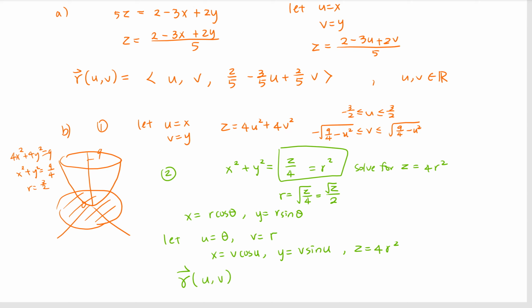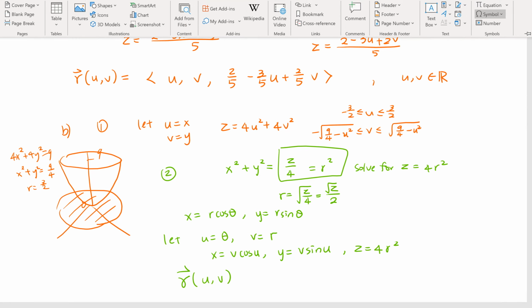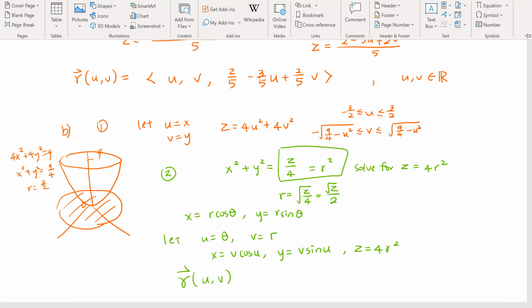Sometimes I use gamma, sometimes I use r, because in Word it's easier to type r than gamma; to type gamma, I need to go up, insert equation or symbol, and pick the Greek letter.